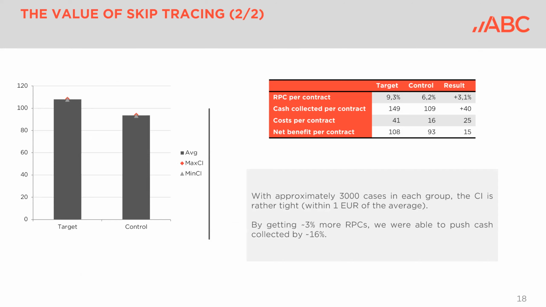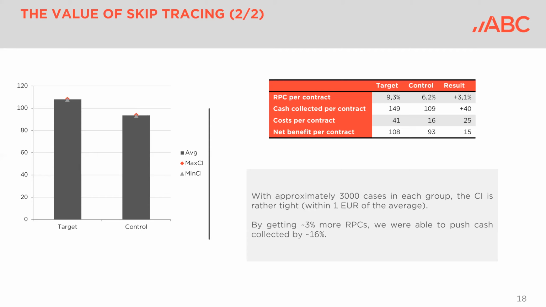The thing is that on the first side, 149 versus 109 doesn't seem to be that big if we had a very small sample, but each of those groups had around 3,000 cases. So the confidence interval was very small, and it's so accurate that we can say that having a skip tracer helps.